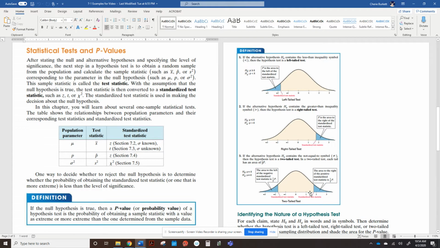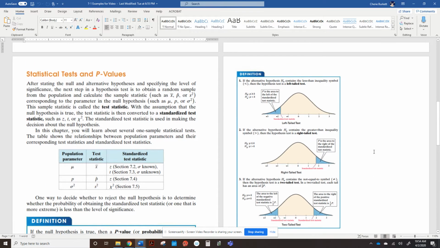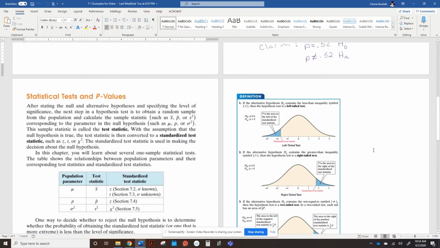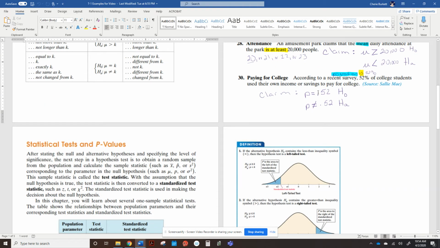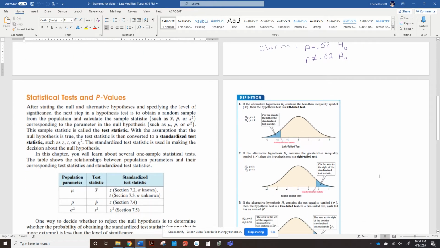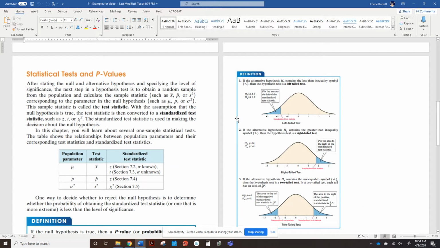And then, based on this claim right here, we're going to figure out whether or not a z value that we find is in the shaded section or not in the shaded section.